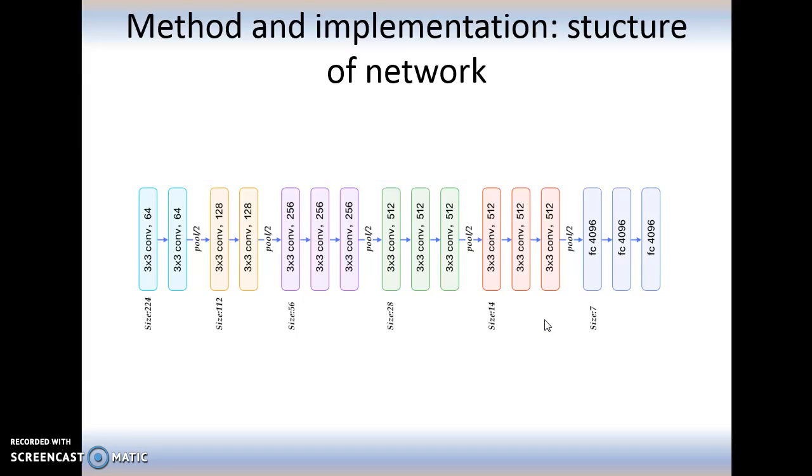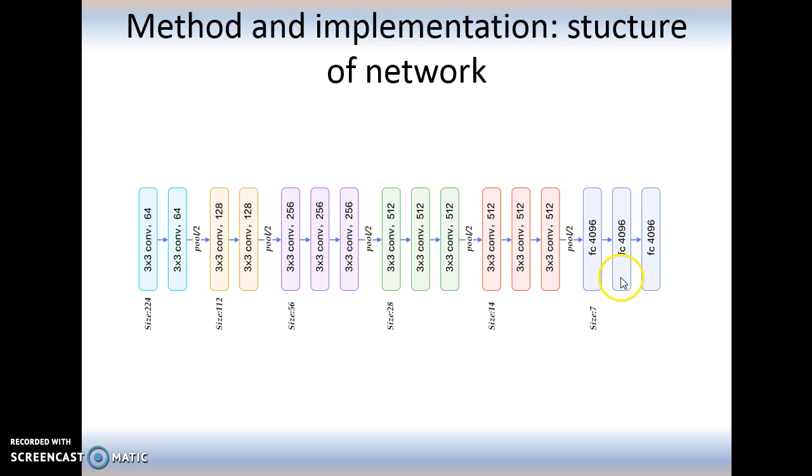Within each convolutional layer, there are kernels of size 3x3 used as the perceptive field. The number of convolutional kernels in each group rises from 64 to 512 as we go deeper into the network. And all the convolution layers are equipped with ReLU as the activation function.